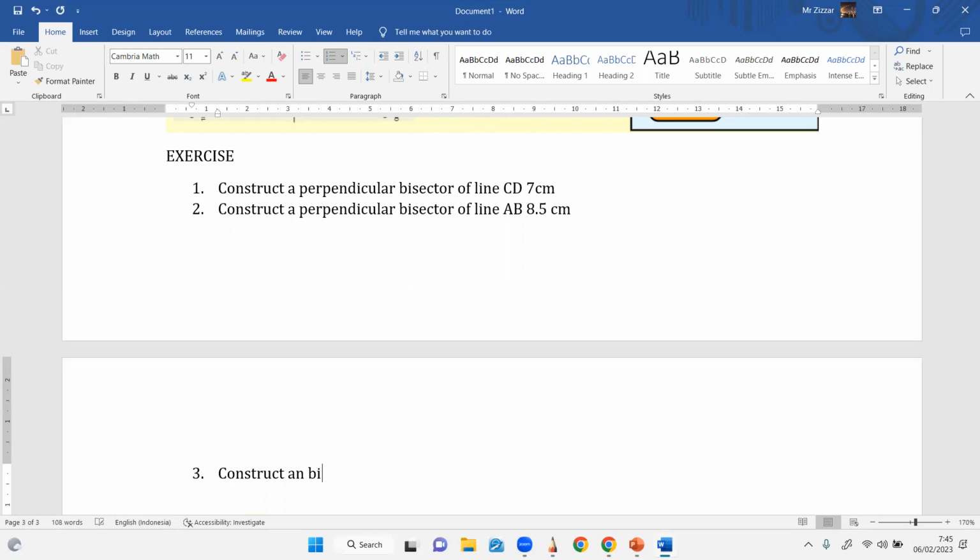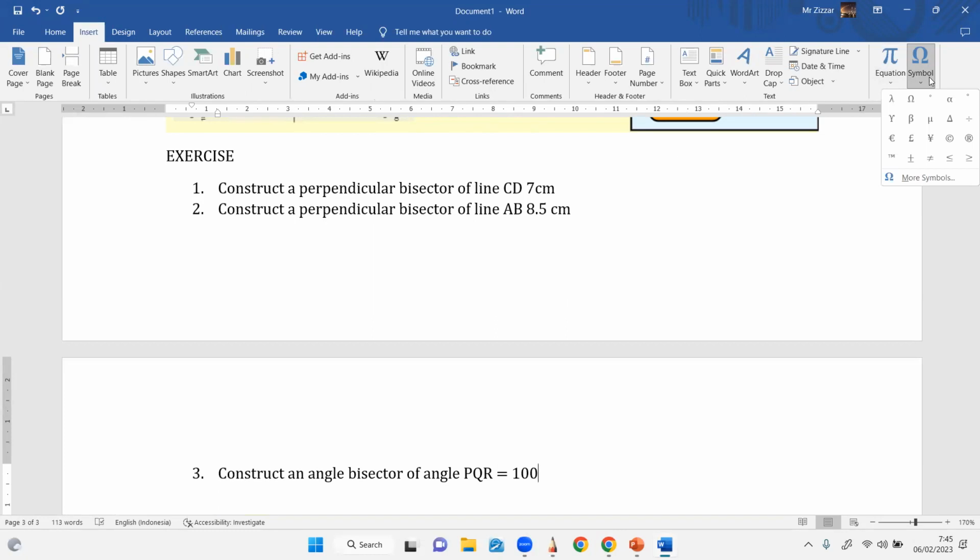An angle bisector of angle PQR, that is 75. Oh no, 100 degree. Not 100.